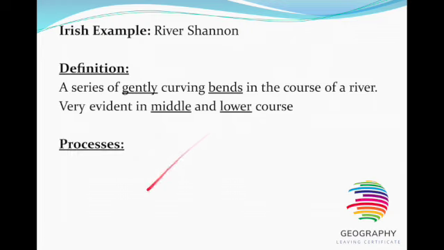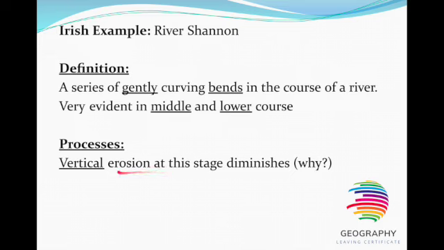And the processes involved: vertical erosion at this stage is diminished. So it diminishes, it stops. And why is that? It stops because we don't have as much hydraulic action or force of the moving water, because the slope is a little more gentle.